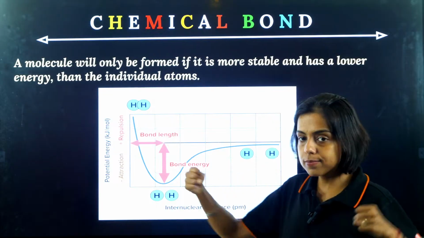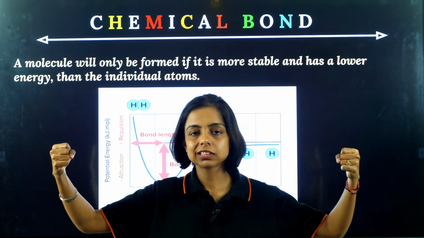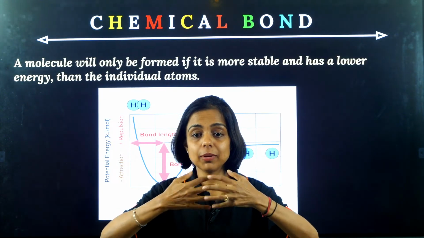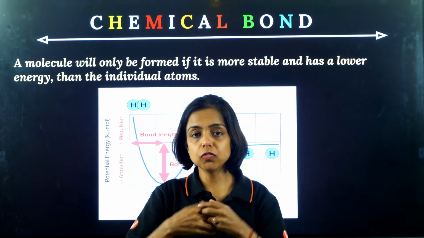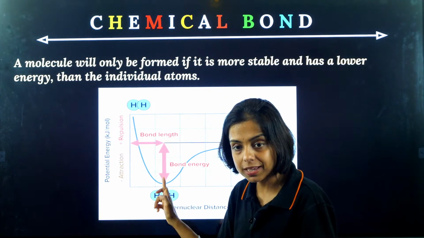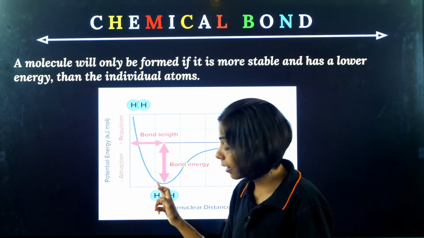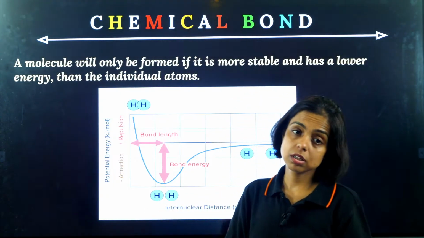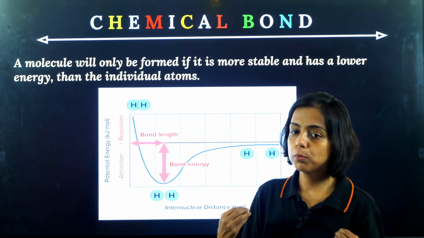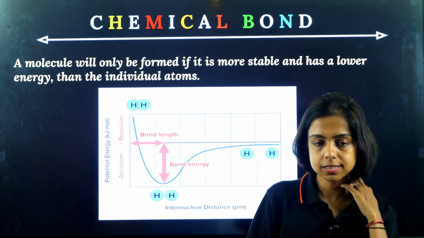Two atoms very far apart, no attraction, no repulsion. They come close at an optimum distance. They will make an H2 molecule, bond formation, and there is a dip, that minima. And if they come even closer, fight, repulsion, instability, more energy. Right, guys?